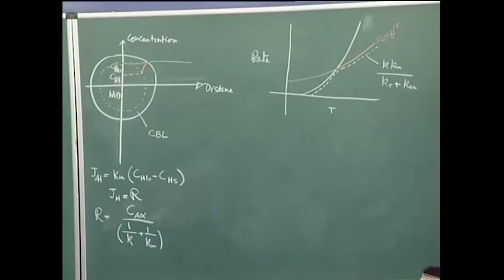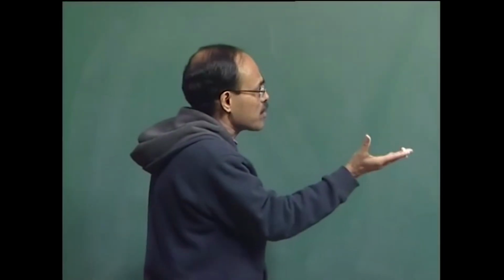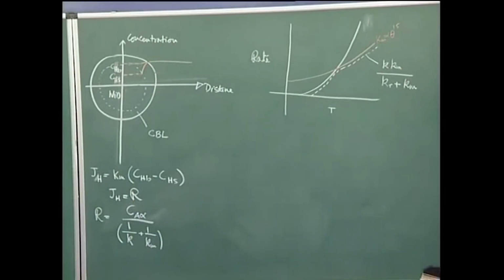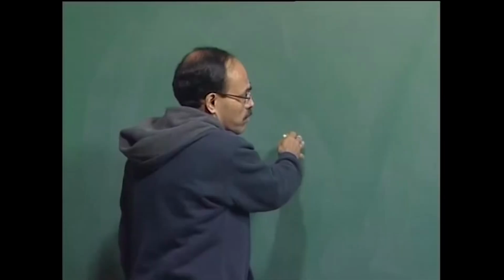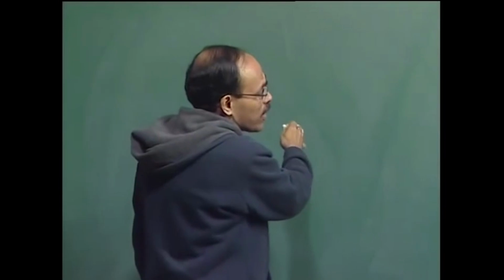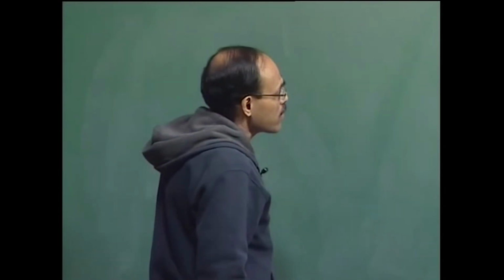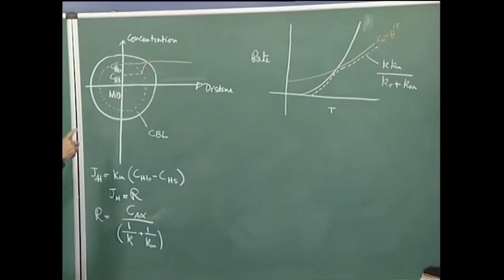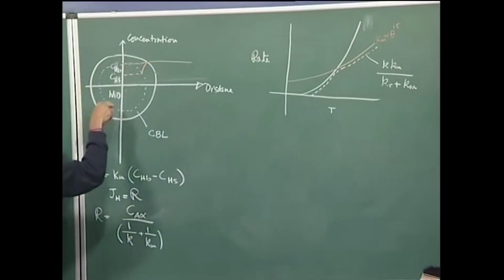Let us now look at how we can determine or write the rate equation in terms of bulk concentration and not in terms of surface concentration. And just now I have written on the left the nickel oxide hydrogen reaction. So, this is what I have intended to draw here.